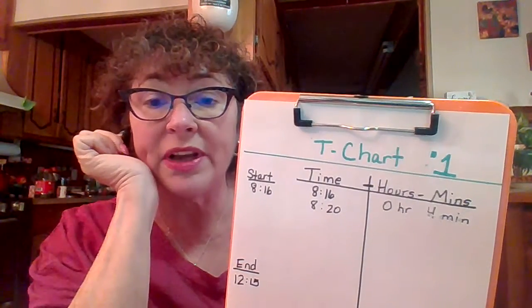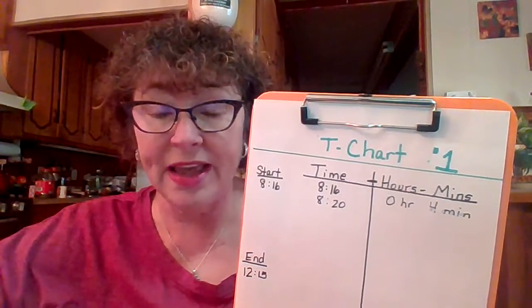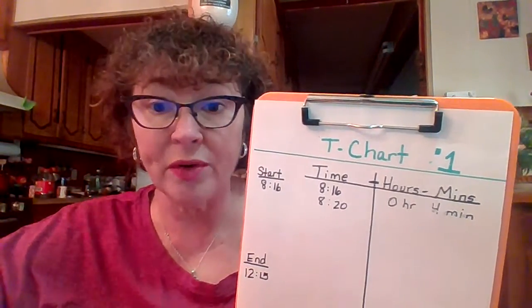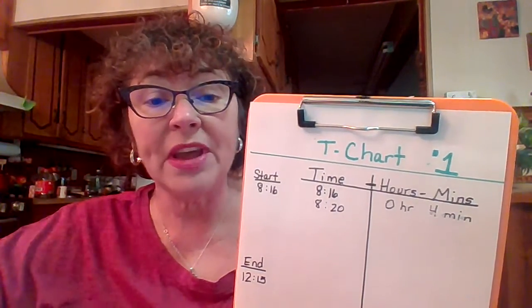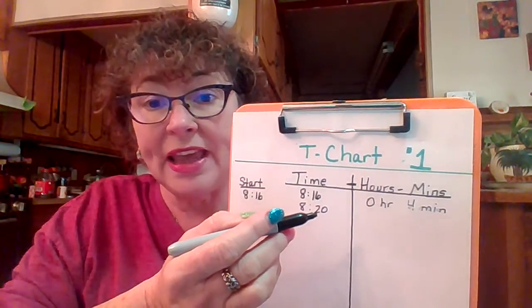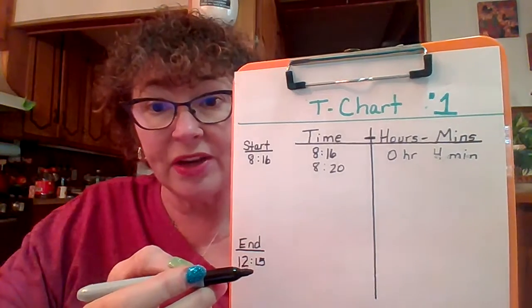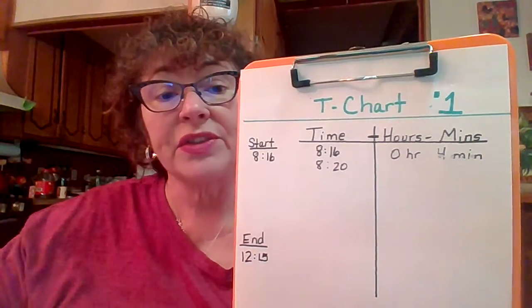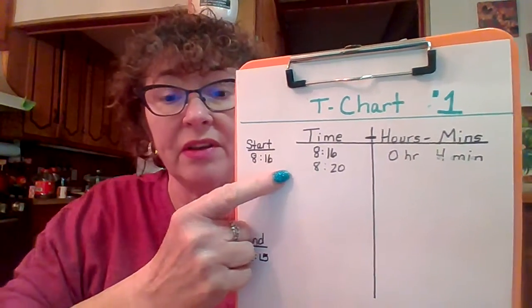Now, I want to get as close as I can, the quickest. Okay, so the biggest increment of time that we have is the hour. So I'm going to count from 8:20 and see how far I can go before I get to 12:15. So here's 8:20, and watch, I'm going to use my fingers because I don't want to get confused.